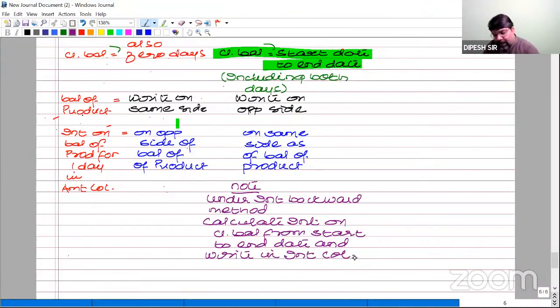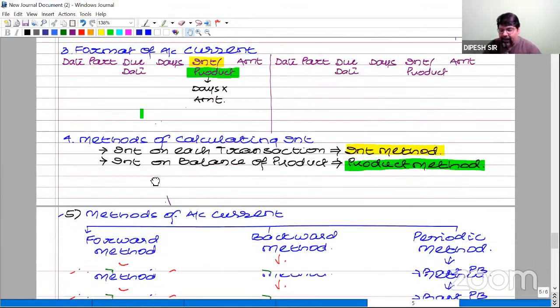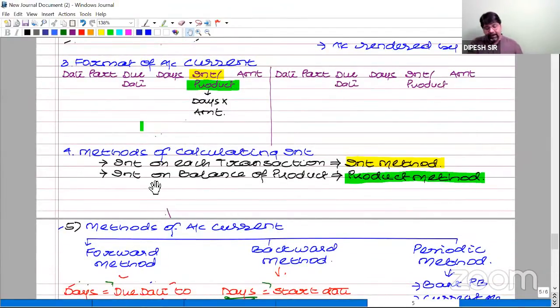Sir, what is this? Now understand. Suppose started, this is the format which you are following. Fair enough. When you write balance carried down, closing balance, you'll write amount, and you will write its product. This I'm talking about backward method. This product, how did you calculate?